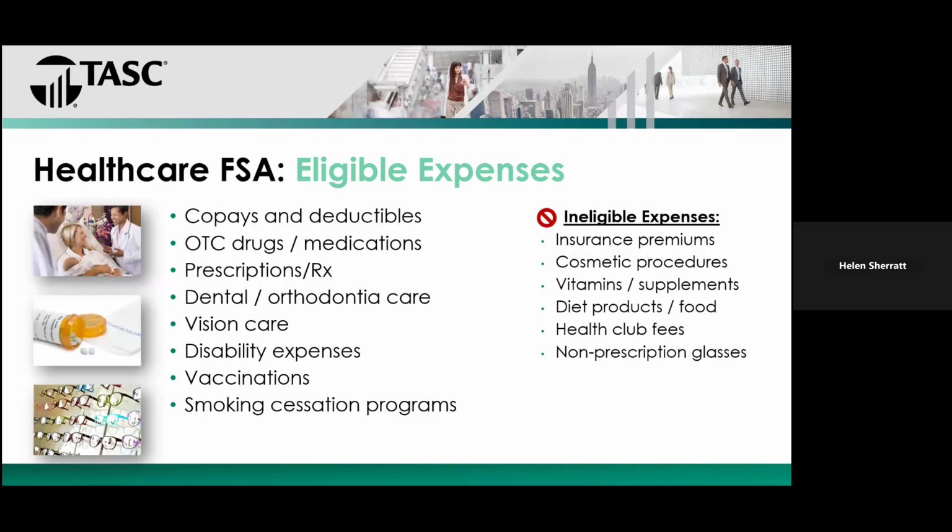A few of my favorites, oddly, and you might not know this, are heating pads that you can get, also sunscreen, which has been a big one lately. They just added that in the past couple of years. So those are a couple of my favorites. And the digital thermometers, those are eligible as well. Those are really helpful day to day, but there's a pretty extensive list. This is just a short piece of that list.